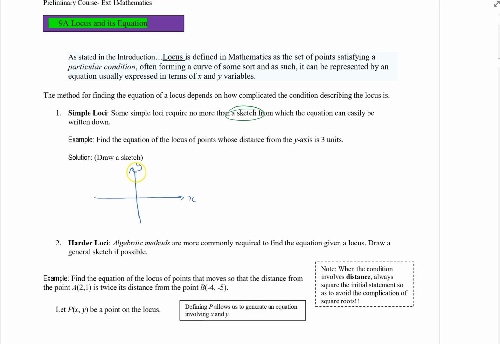So we all know this is the y-axis, and to go 3 units away, I could be here. But this is also 3 units, and so is this, and so is this. So this is now a set of points, but I could also have the point here because that's also 3 units away. And so we get these 2 lines.